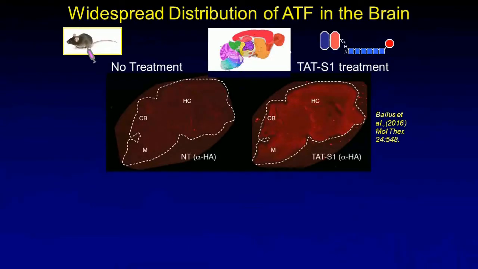So in the data that I'm going to show you now, we injected the purified protein into mice, into the peritoneum, so intraperitoneal, and so we would get a systemic distribution of the protein. And when we looked in the brains of the mice, I hope you can see from this picture that we saw a very wide distribution of the protein of our transcription factor throughout the brain.